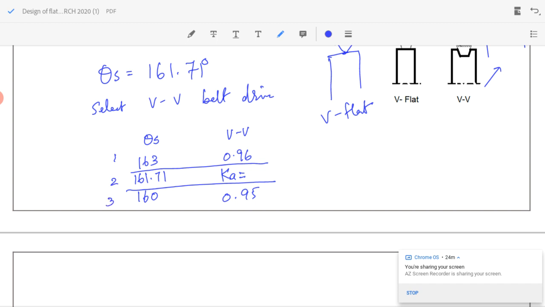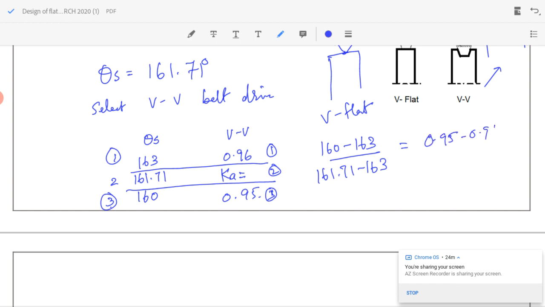Third one minus first one: 160 minus 163 divided by 161.71 minus 163 equals, I can do the same operation in the second row also, third one minus first one: 0.95 minus 0.96 divided by Ka minus 0.96.